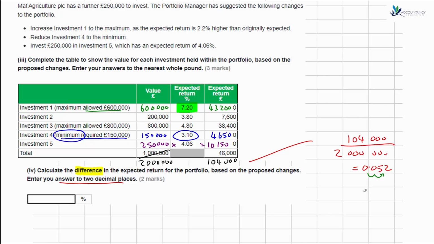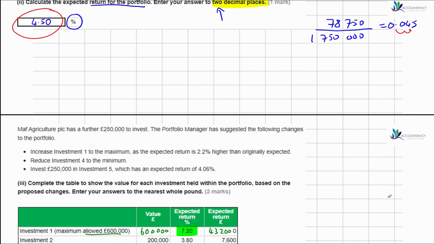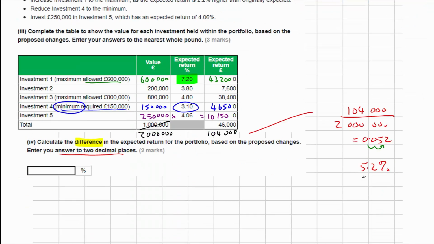So that gives us a return of 5.2%. And we need to compare that with the previous return, which was the 4.5%. So let's just compare those. So the difference here is 0.7 percentage points. Again, it tells us to 2 decimal places, so it's going to be 0.70.